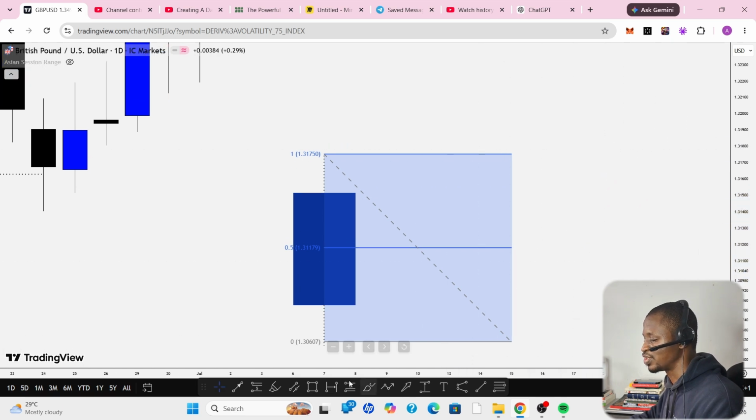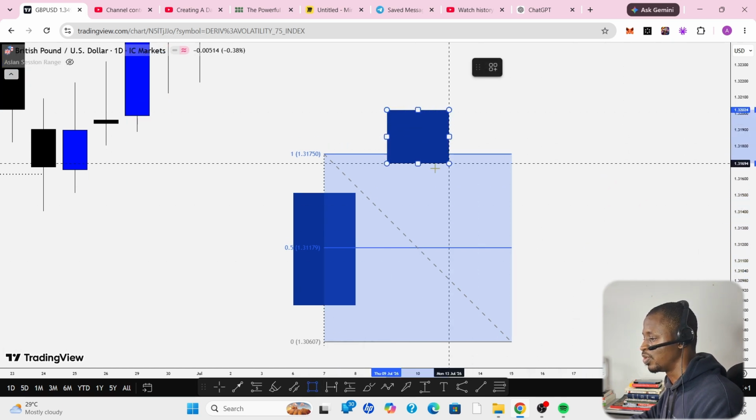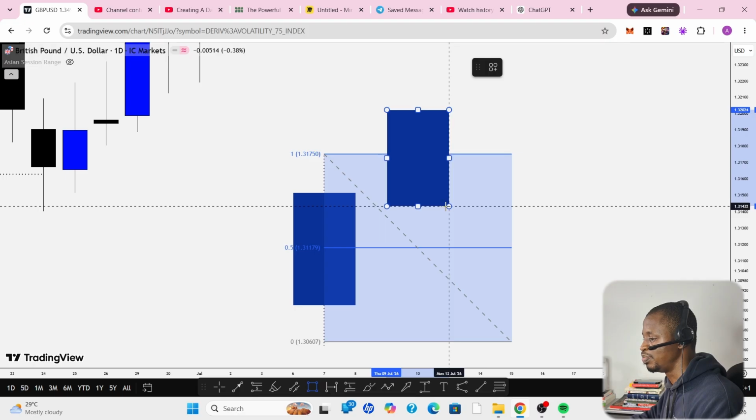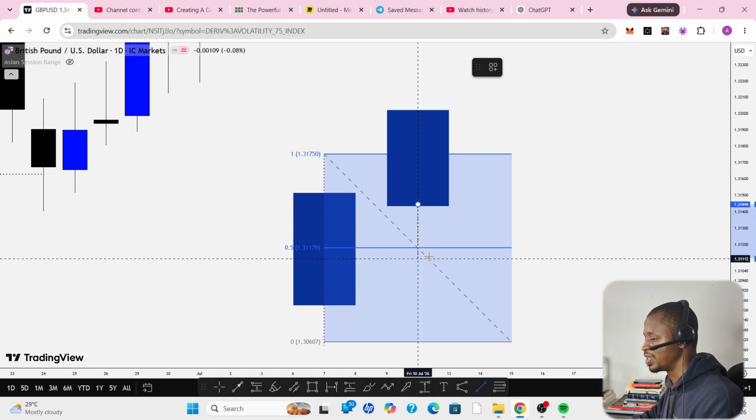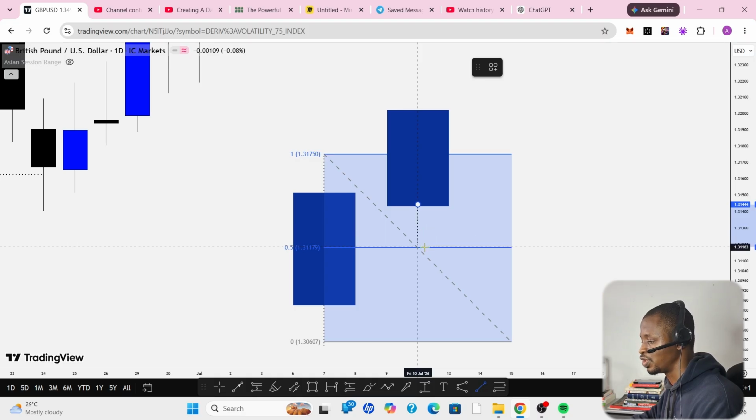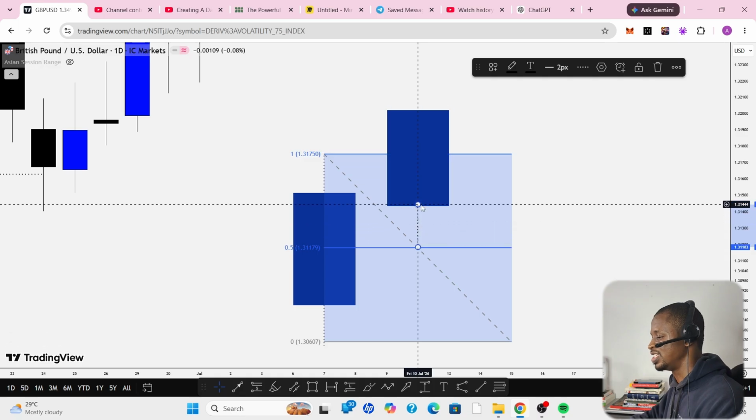We want the next expansion to retrace a little bit, but not just go down a lot. At least let it be somewhere around here, or fair enough, it should be touching this level.